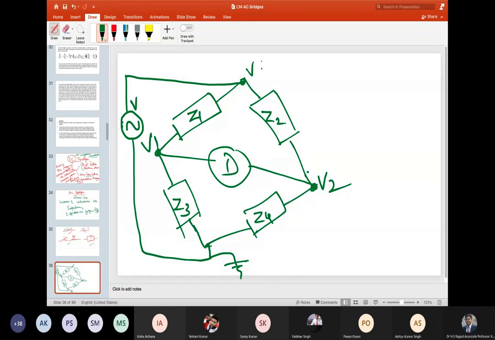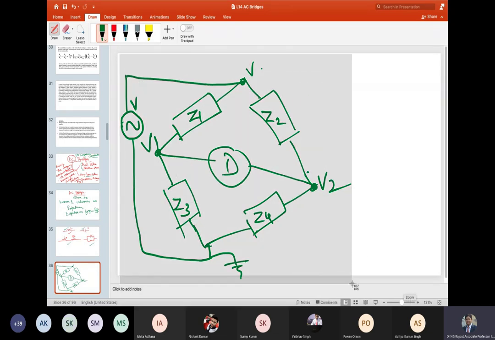So if we have this kind of bridge, what is the condition of balance? Let us consider what the balance condition will be.